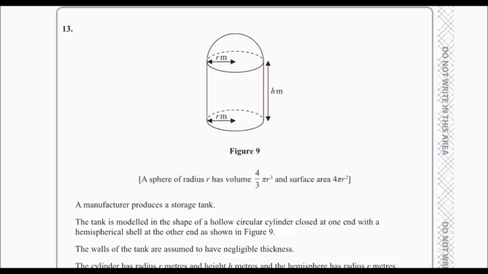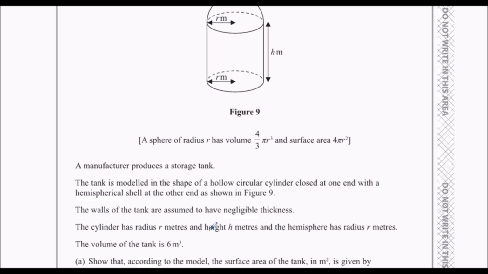Question 13. So here we have a storage tank. The tank is modelled in the shape of a hollow circular cylinder closed at one end and a hemispherical shell at the other, as shown in figure 9.